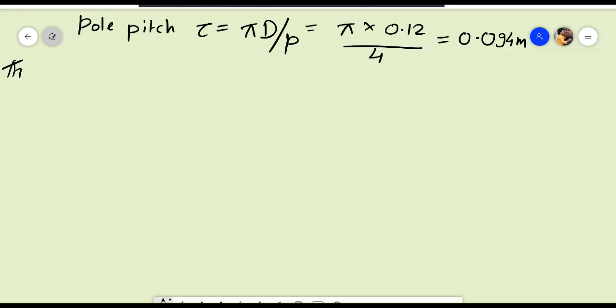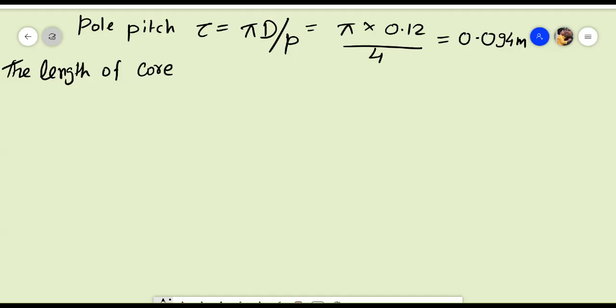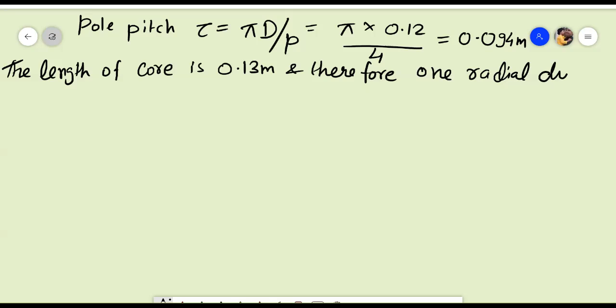And we know that the length of the core is 0.13 meter, and therefore we can use one radial duct for the ventilation purpose, one radial duct, 10 millimeter wide. Okay, which is provided.